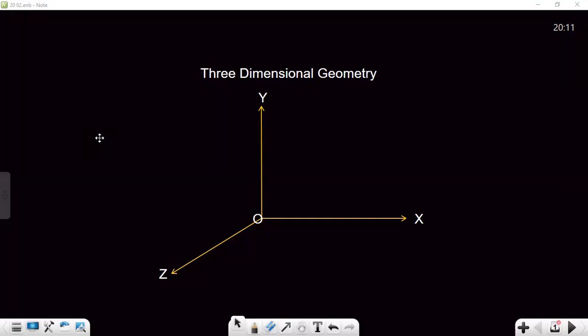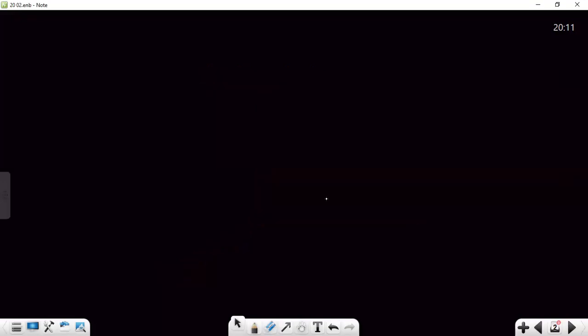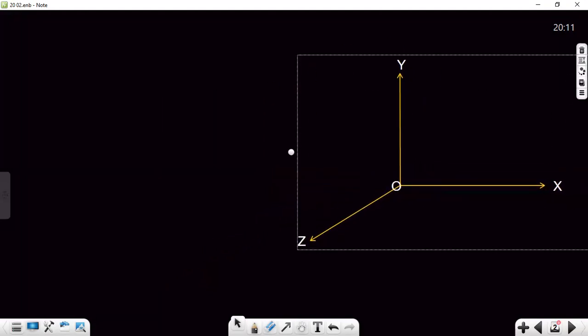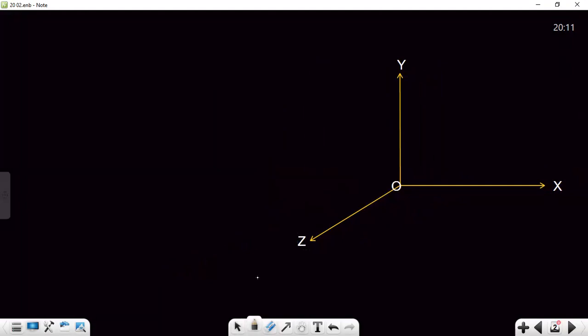As we have discussed direction cosines and direction ratios earlier, this time we will understand them from the perspective of a 3D Cartesian system. So this is our three-dimensional Cartesian system.